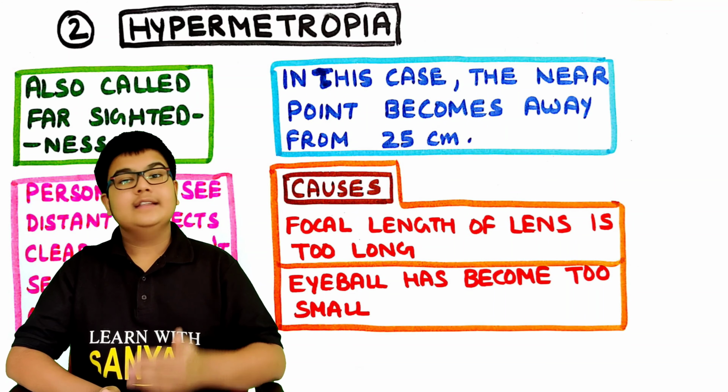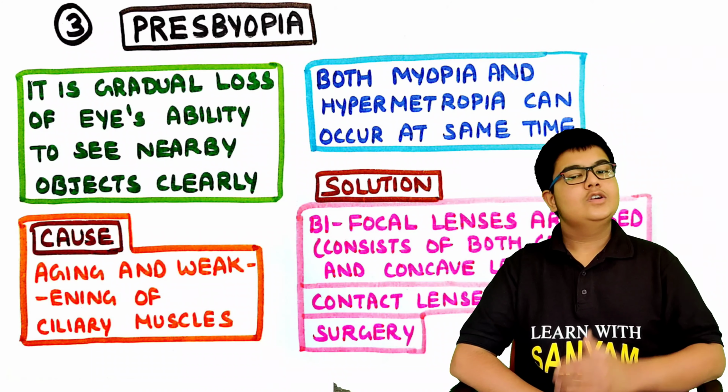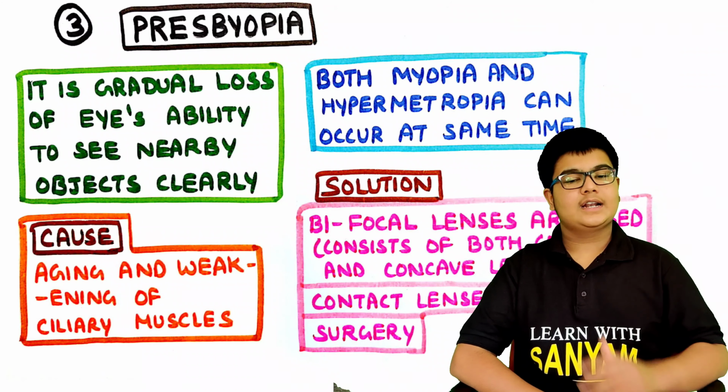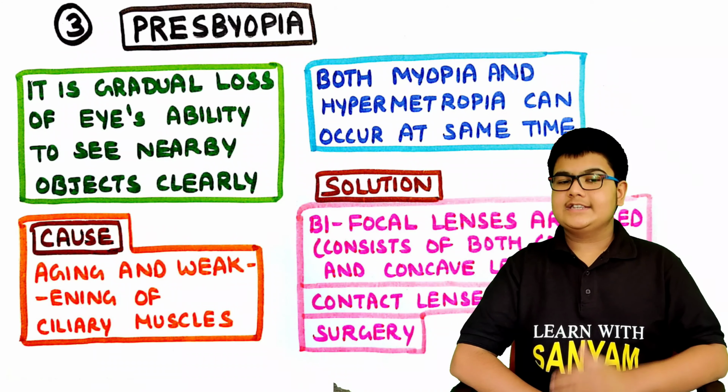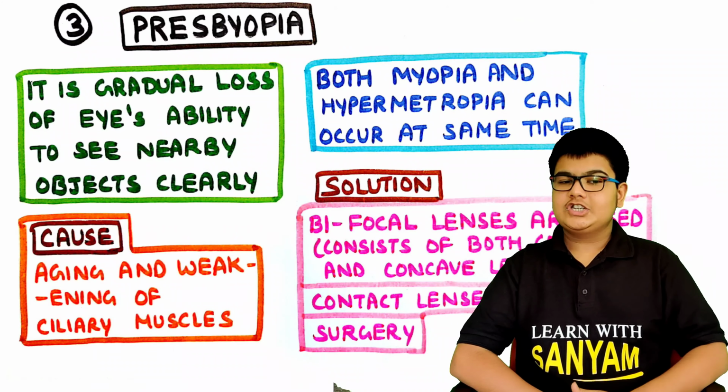The third vision defect is known as presbyopia. It is the gradual loss of the eye's ability to see nearby objects clearly. Its cause is aging and weakening of the ciliary muscles in our eye. Both myopia and hypermetropia can occur at the same time. If this happens, the solution is using bifocal lenses.